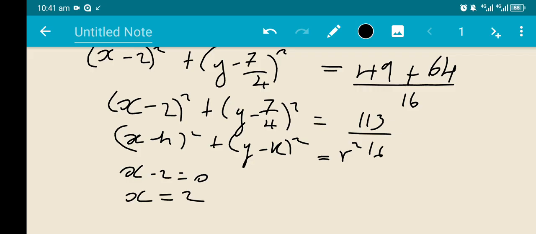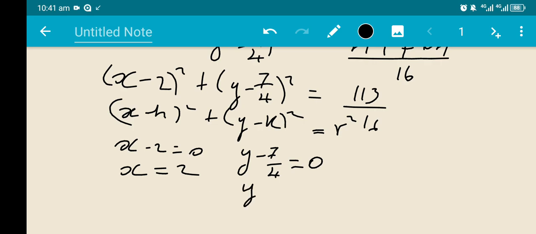Then we also take y minus 7 over 4 and equate it to 0. So that would be y minus 7 over 4 equals 0. Then we solve for y, so y equals 7 over 4. So meaning this is located at some point h comma k, which is 2 comma 7 over 4.